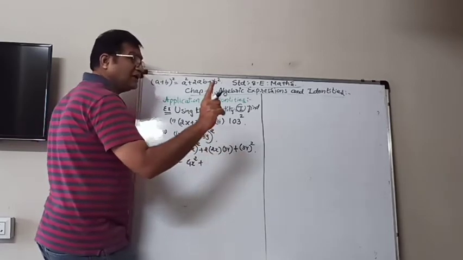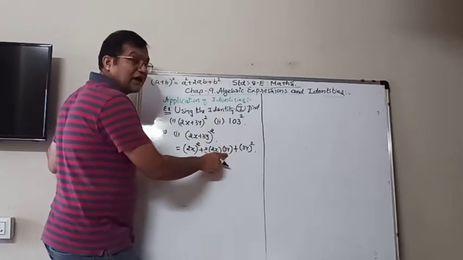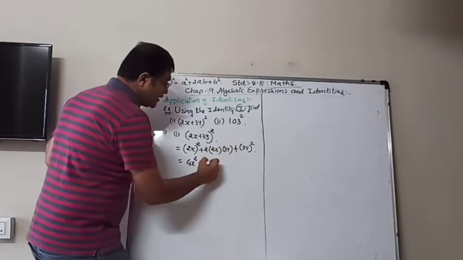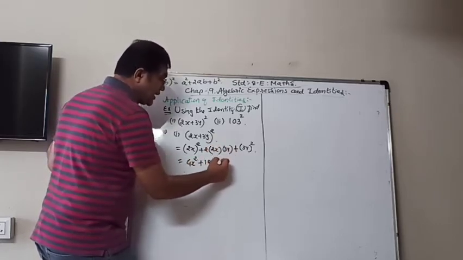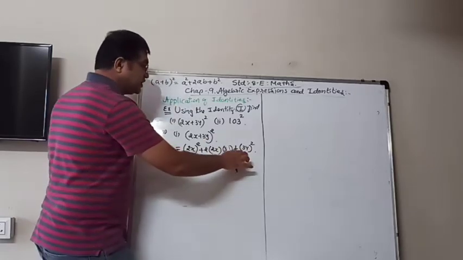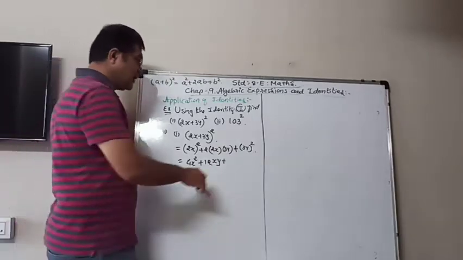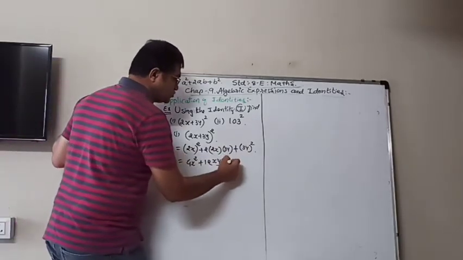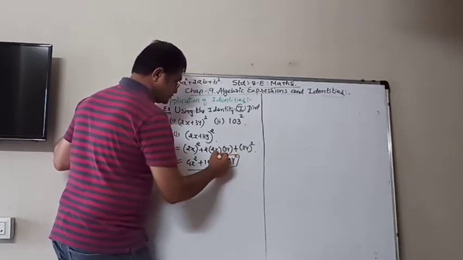First we will multiply the digits: 2 twos are 4, 4 threes are 12. So we write 12, and x into y, so 12xy, plus (3y) whole square. What is 3 square? 9. So 9y square. That is your answer.